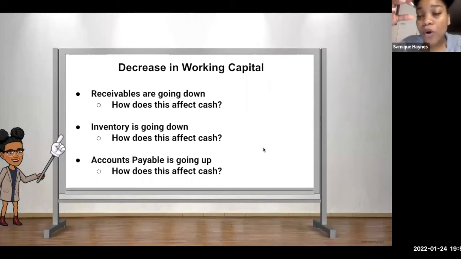If accounts receivable goes down, remember, we make a sale. We give them our end of the bargain, a good or a service. They give us back nothing because they'll pay us later. So we have receivables.